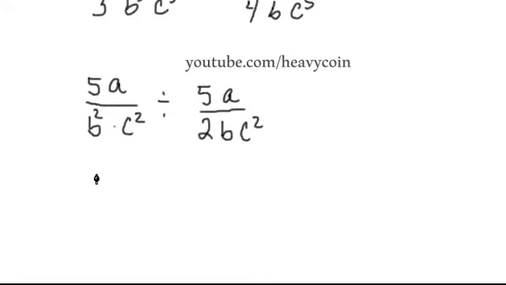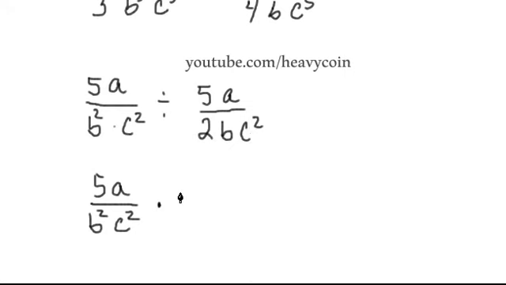So now we're going to go 5a, rewriting b squared, c squared, and I'm going to flip this now. Time to flip. Alright, what we're going to do is we're going to flip this.